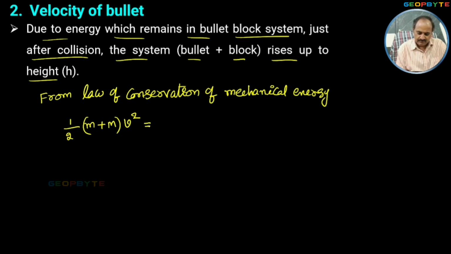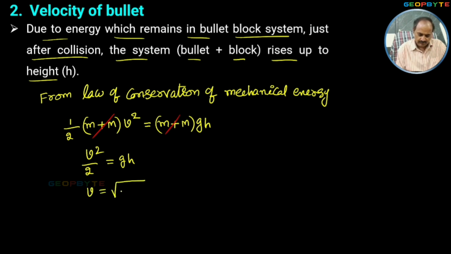This loss of kinetic energy must be equal to the gain in potential energy. The potential energy is small m plus capital M into g into h, because the combined system is moving to a height h. Then small m plus capital M is cancelled. Finally, v square by 2 is equal to gh. From this, v equals root under 2gh. This is the velocity of the system.